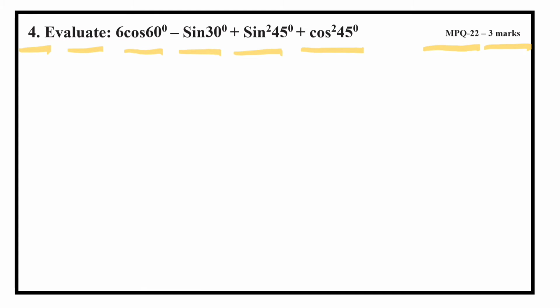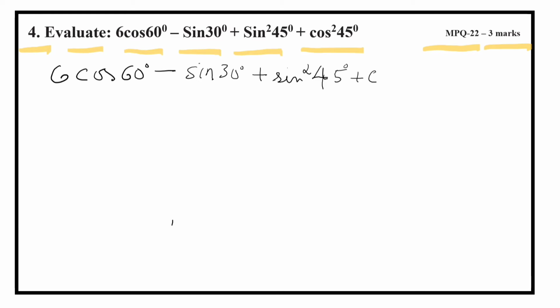Here, what has been given? 6 cos 60 degree minus sin 30 degree plus sin square 45 degree plus cos square 45 degree.